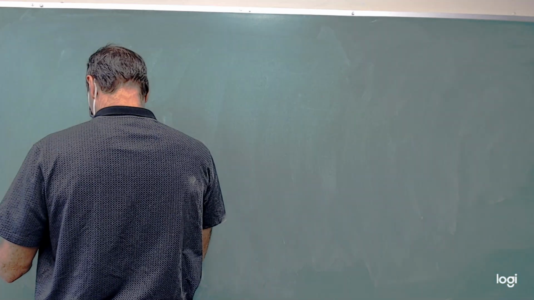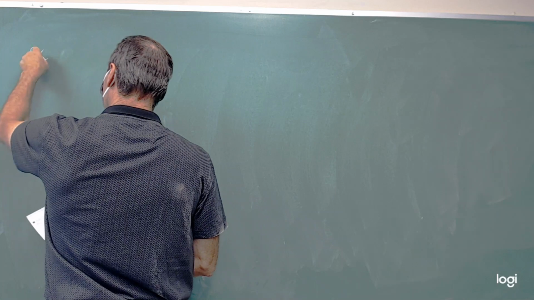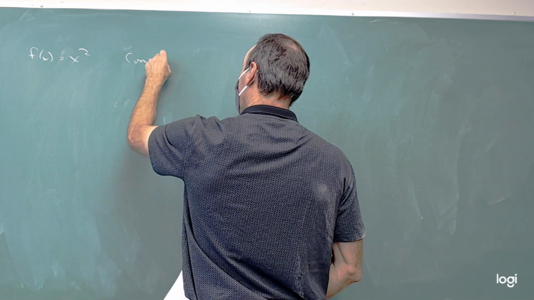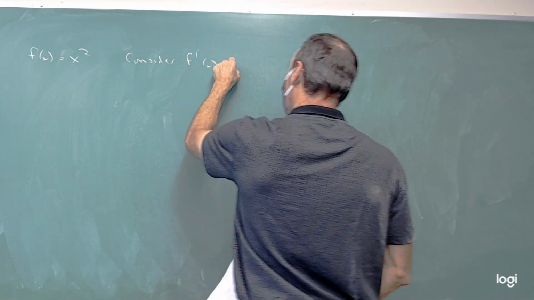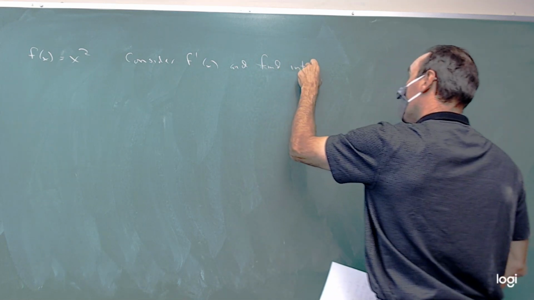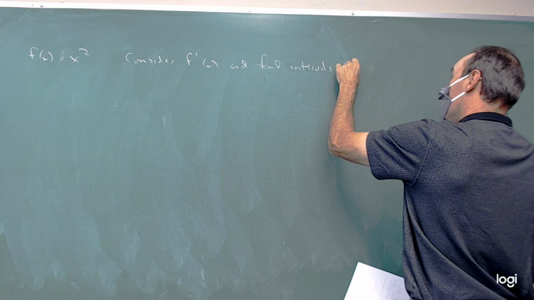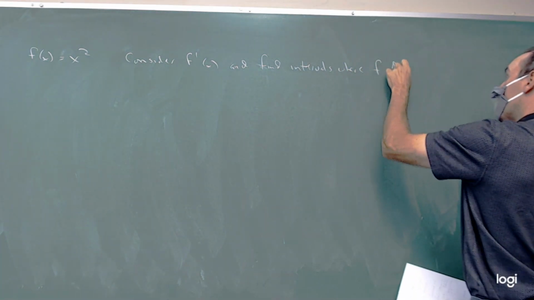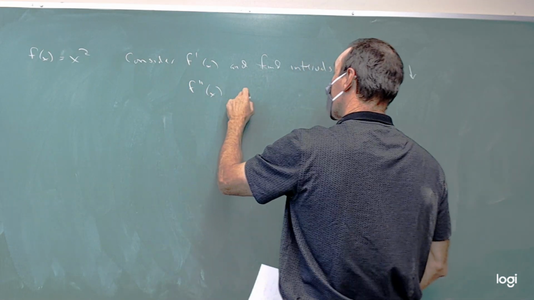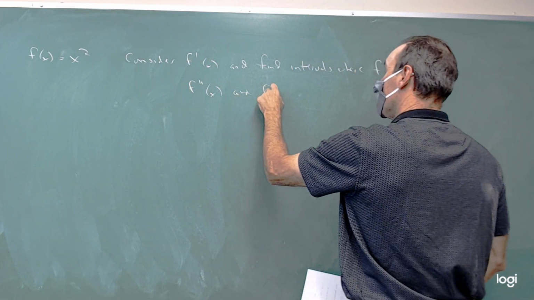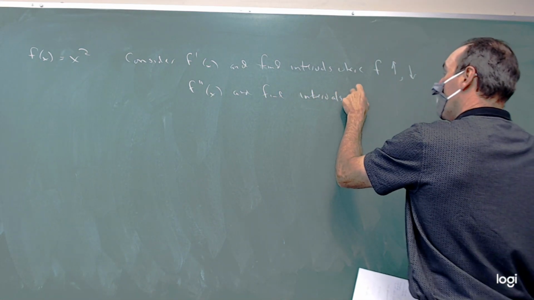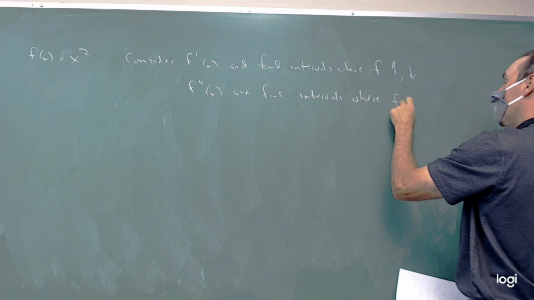So let's say first f of x is x squared, and let's consider f prime of x and find intervals where the original graph f is increasing and decreasing, and then we'll consider f double prime of x and find intervals where the original function is concave up, concave down.